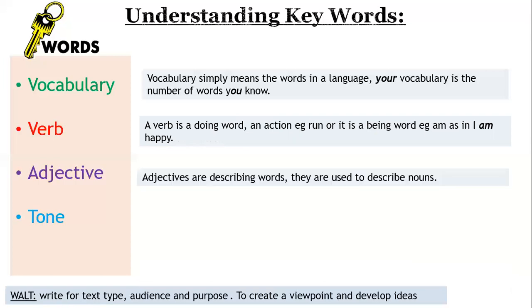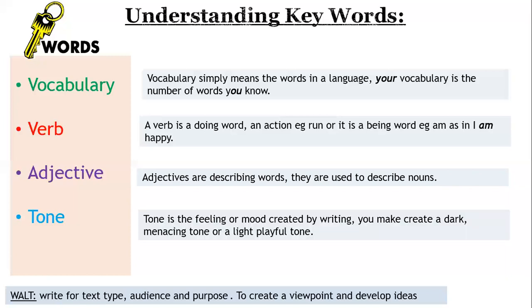Adjectives, as we've looked at in the do now, are describing words, and they're used to describe nouns. They're used to describe things or feelings or people or places. And finally, tone. Tone is the feeling or mood created by writing. So you can create a dark, menacing tone, or you might create a light, playful tone.